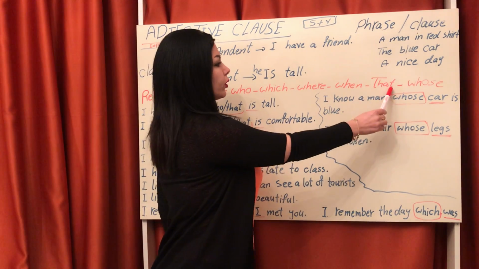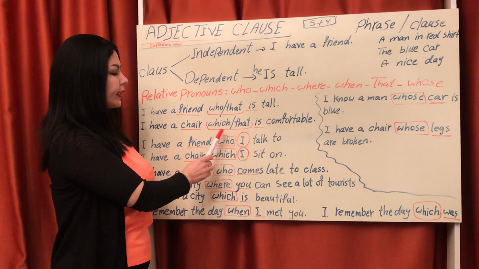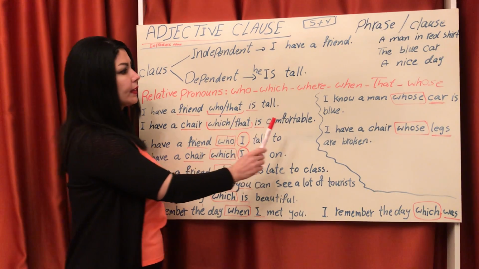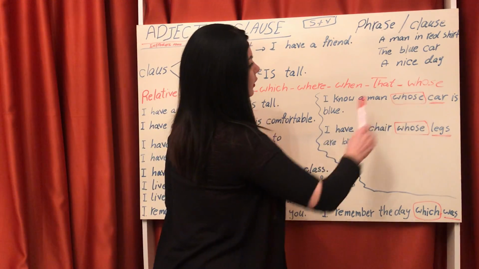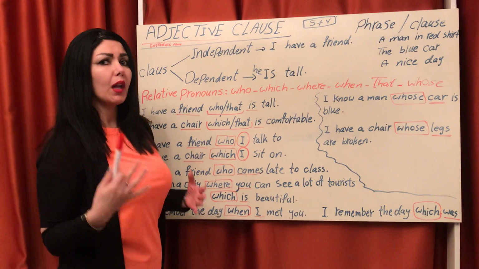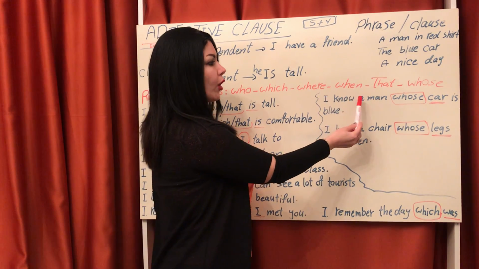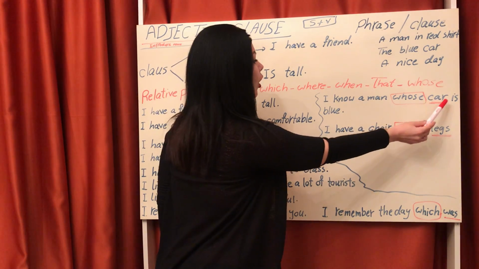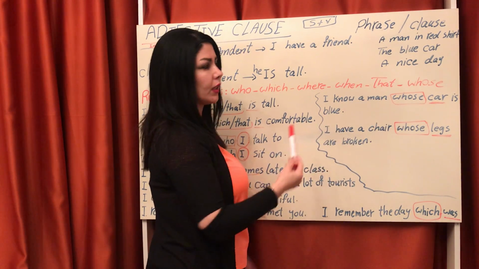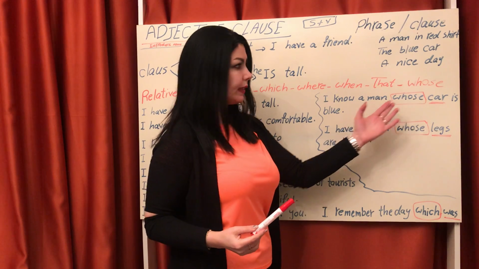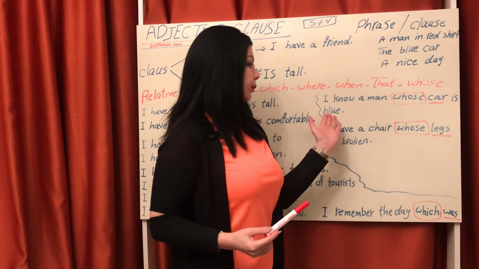I told you that for person and things we use it. And the last one, whose. Whose is for belonging. For example, look at this sentence: I know a man, car is blue.